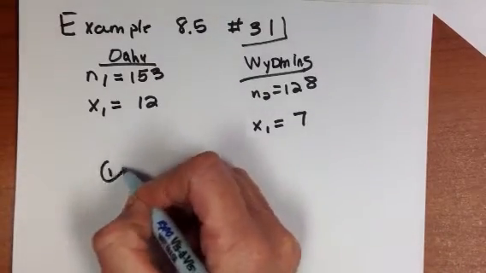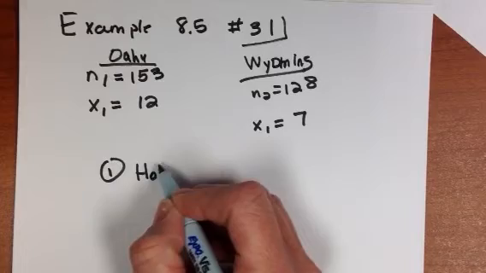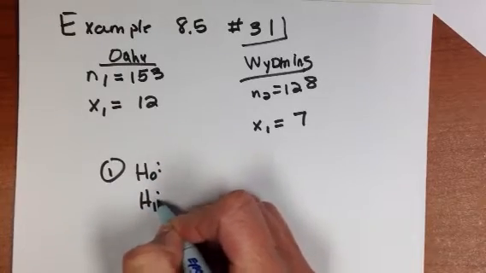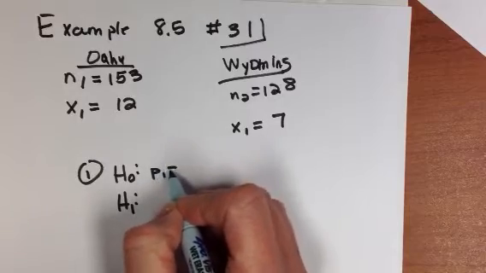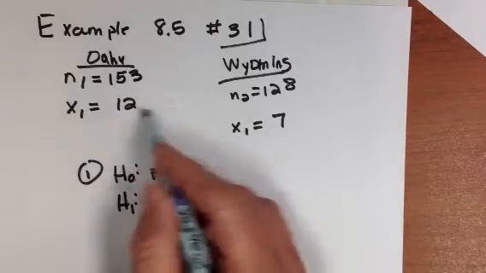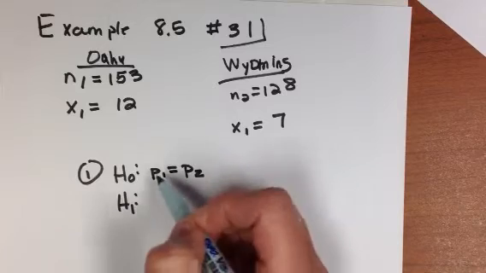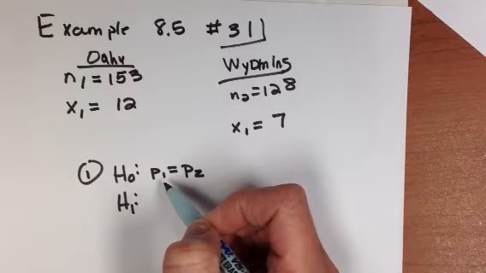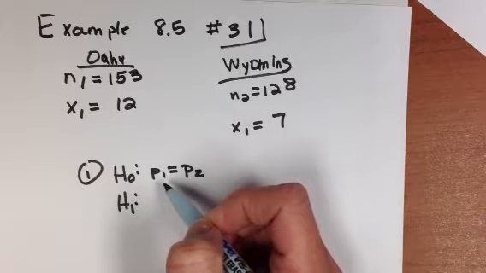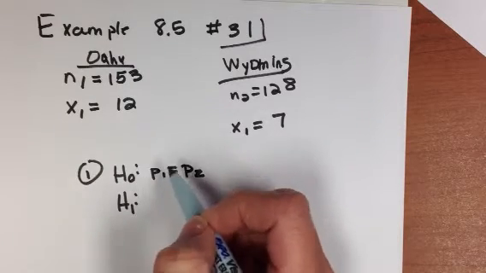So when we do our 5 steps here, we have the null hypothesis and the alternative hypothesis. Remember, the null hypothesis is always assumed to be that the two population proportions are equal. We know we're dealing with population proportions here because of the problem's question. All you have to do is read it. Do these data indicate that the population proportion?